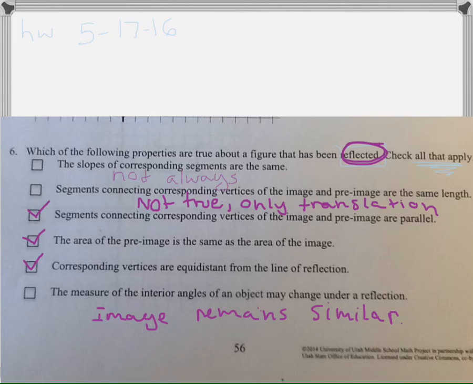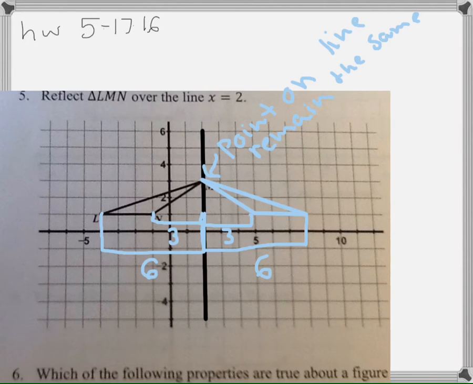Segments connecting corresponding vertices of the image and pre-image are parallel. This is true because if you go back, you can see that since they're all reflected across this vertical line, the segments connecting the two vertices would all be parallel because they would be horizontal.